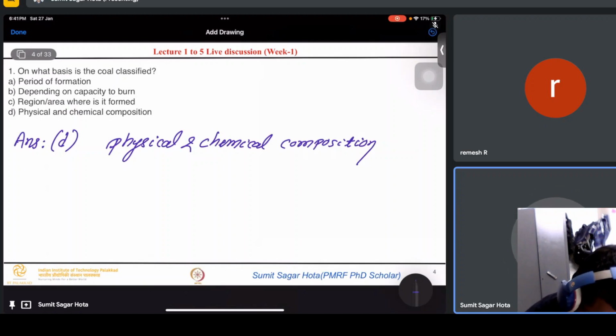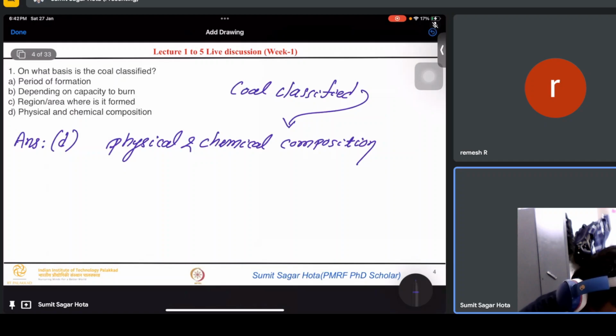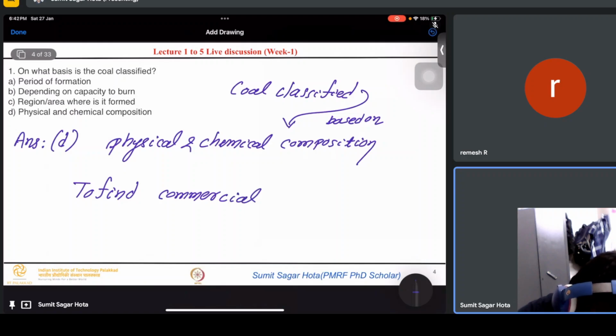Okay, and what are the analyses if you want to know? Some questions may be asked like the common tests performed on coal to find the commercial value of the coal. What are the tests?